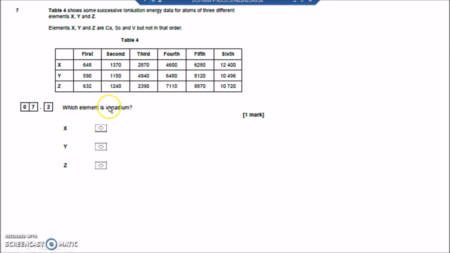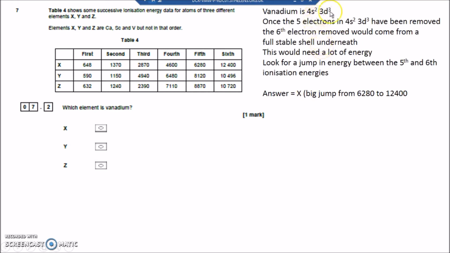Bit trickier this one, vanadium, because you've got to work out that it's 4s2, 3d3. So 4s2, 3d3 has got 5 outer electrons. 4s2 will be removed first, and then the 3d3 will be removed, and then you're removing from a full 3d2 orbital underneath.